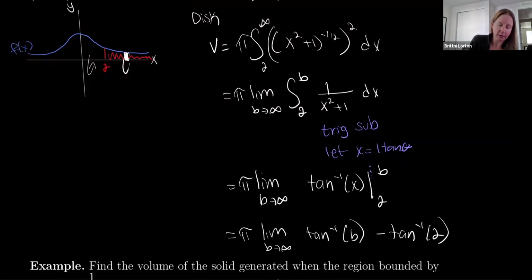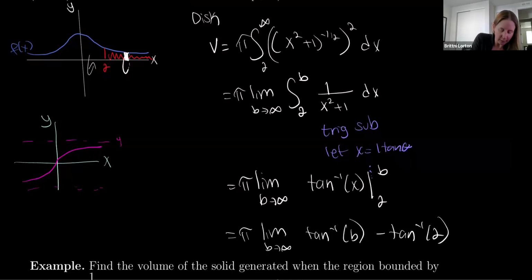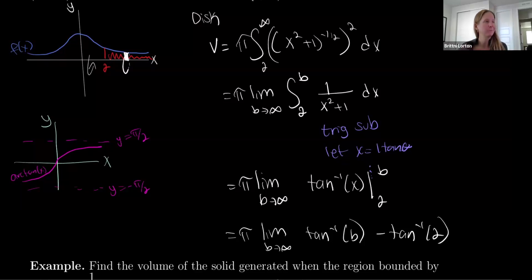And then maybe I need a quick little reminder of what tangent inverse looks like. My guess is a lot of us forgot. This is the graph of tangent inverse. It has asymptotes at y equals pi over 2 and y equals negative pi over 2. This is my arc tangent of x function. Hopefully you remember that from a trig class.